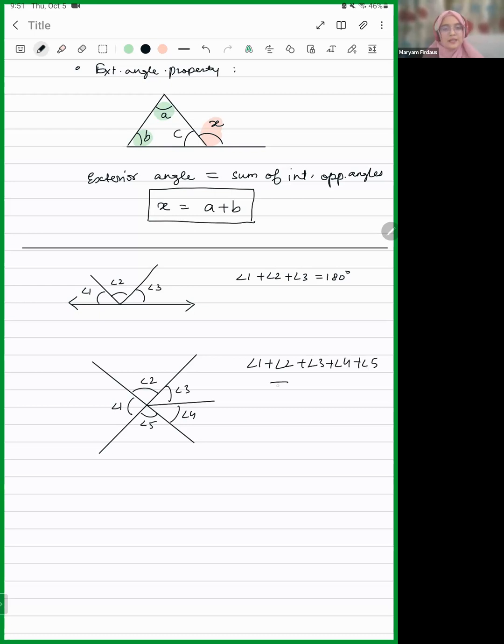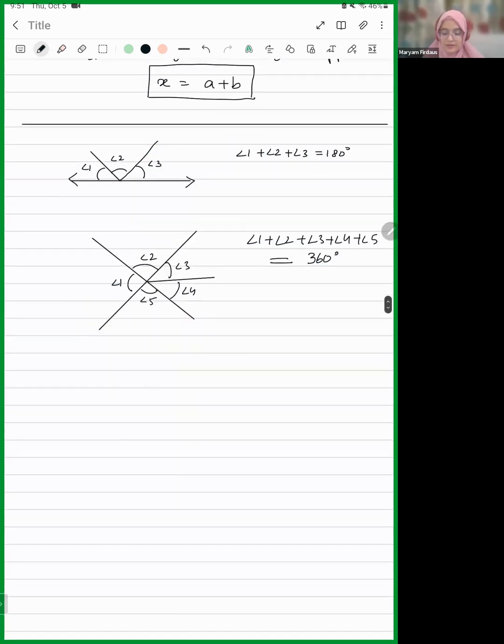Angle 2 is vertically opposite to angle 5, that's one thing. But right now we're talking about the sum of all these angles. 360 degrees, very good. Then we discussed vertically opposite angles, and they are equal.